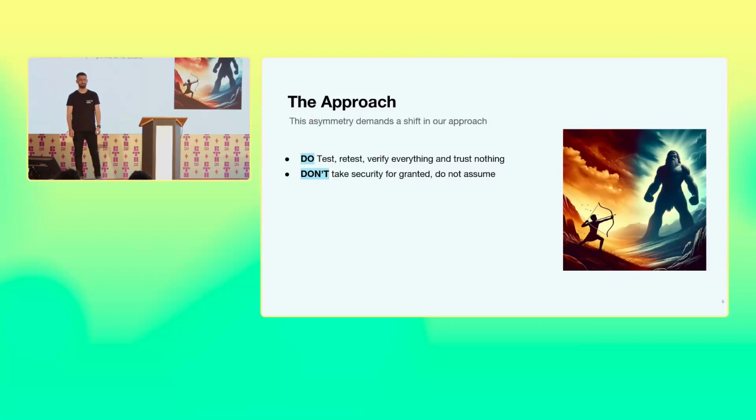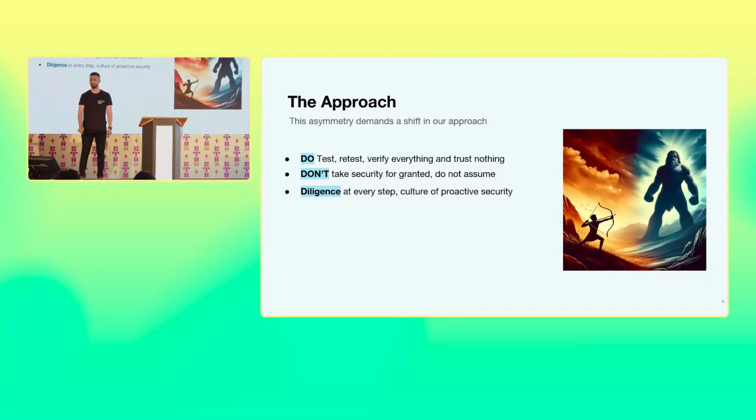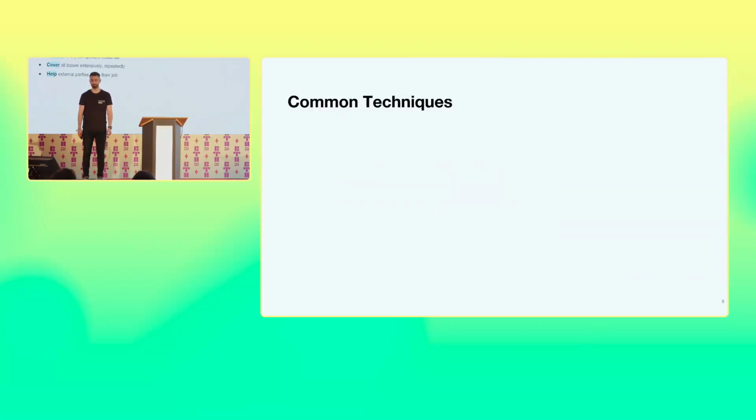We do not take security for granted. We do not assume it is just going to work. We do not assume what we missed is going to be caught by an auditor or one of our friends. Our security depends on diligence at every step, and we need to establish a culture of proactive security. Okay.